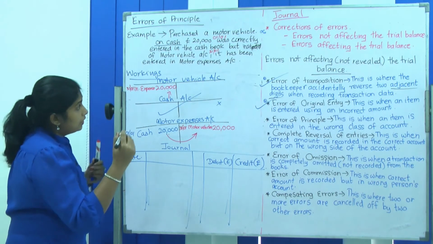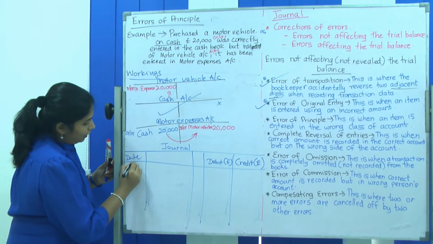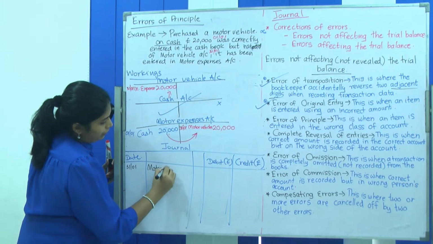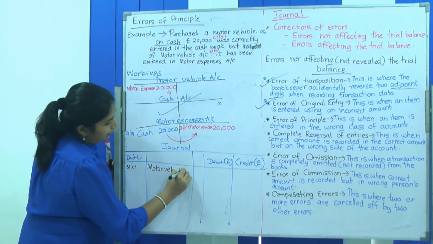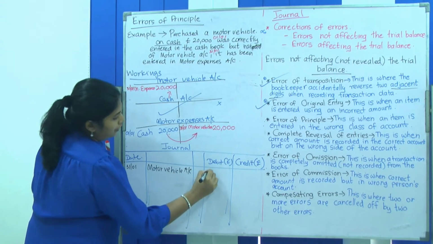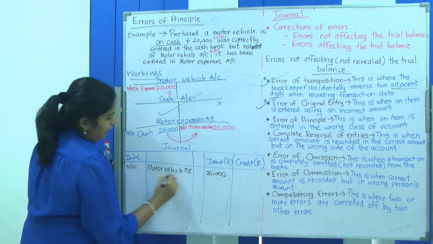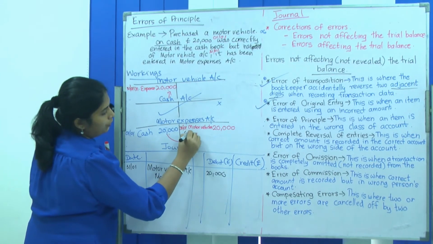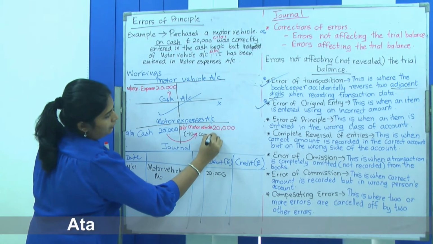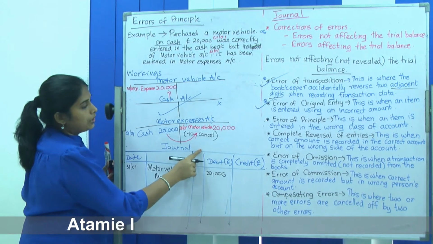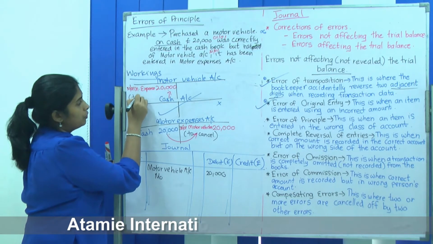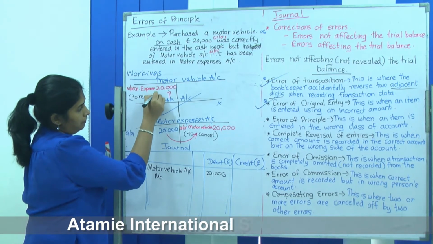So the journal entry to correct the error will be 31st of March. You have debited the motor vehicles account, so the motor vehicles account will be debited by 20,000, and to cancel, okay, here you are doing to cancel, you are crediting the motor expenses account to cancel and you are debiting the motor vehicles account to record it correctly.